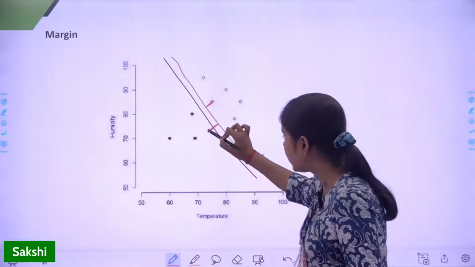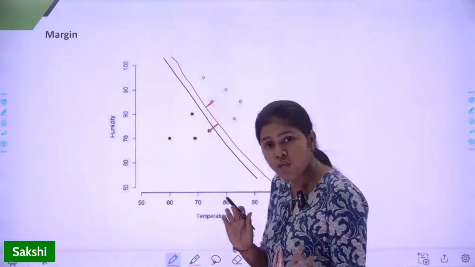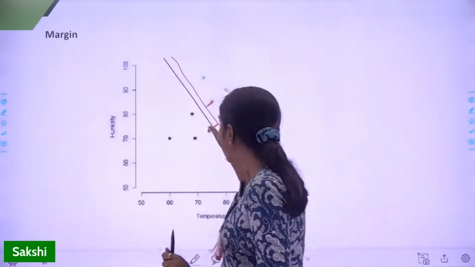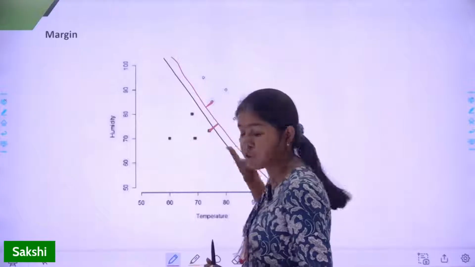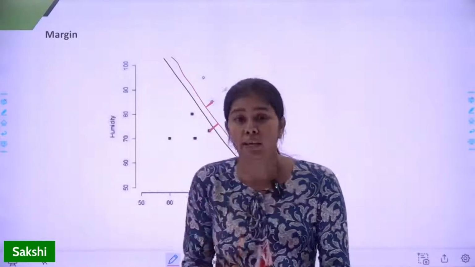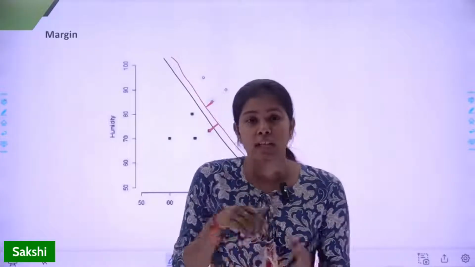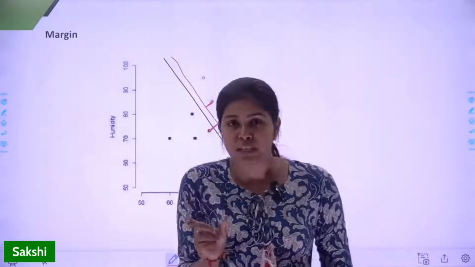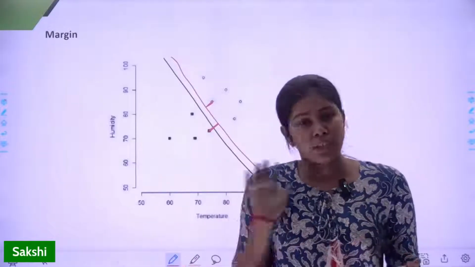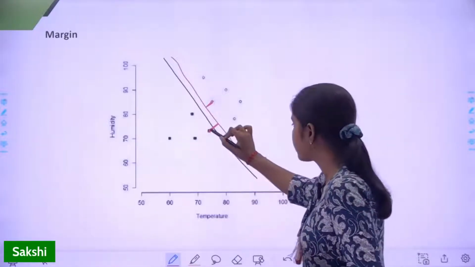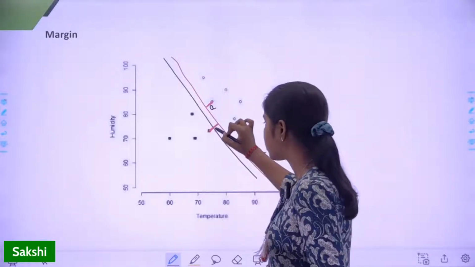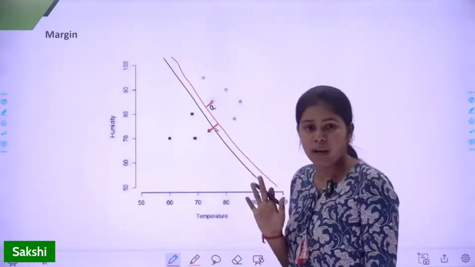So I have shifted my decision boundary a little bit so that I get the same margin on the left-hand side and the right-hand side, or the same margin from the negative points and from the positive points. And what was margin? The closest distance from the point to the decision boundary, right? So this is a distance, and this is also a distance. This is my margin.